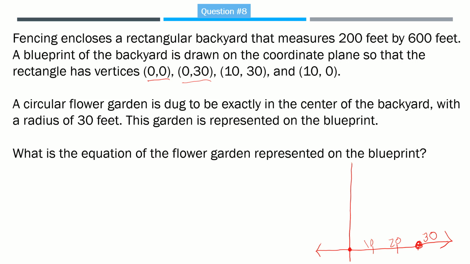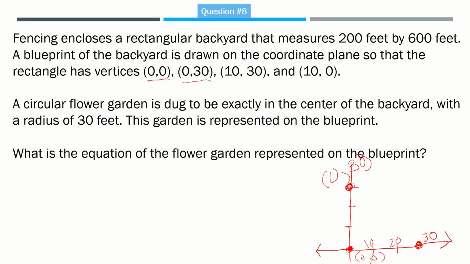Oh, hold on, I did that wrong. It's 30, 0. Here's 0, 0. 0, 30 would be 10, 20, 30 this direction. 0 in the x direction, 30 in the y direction.